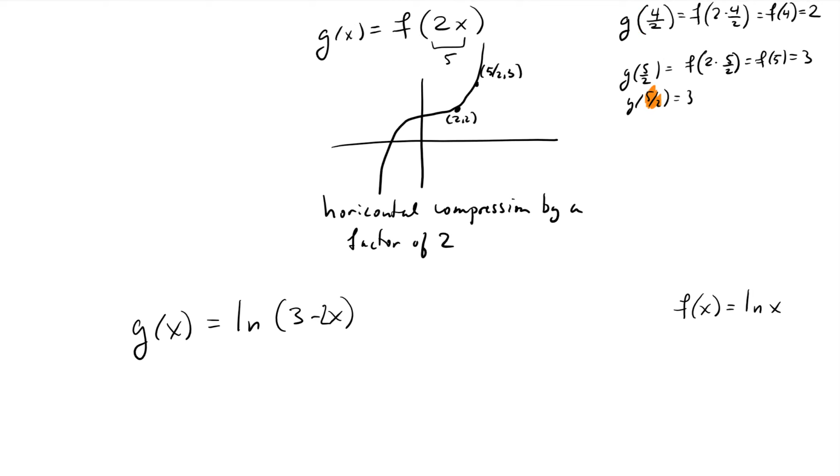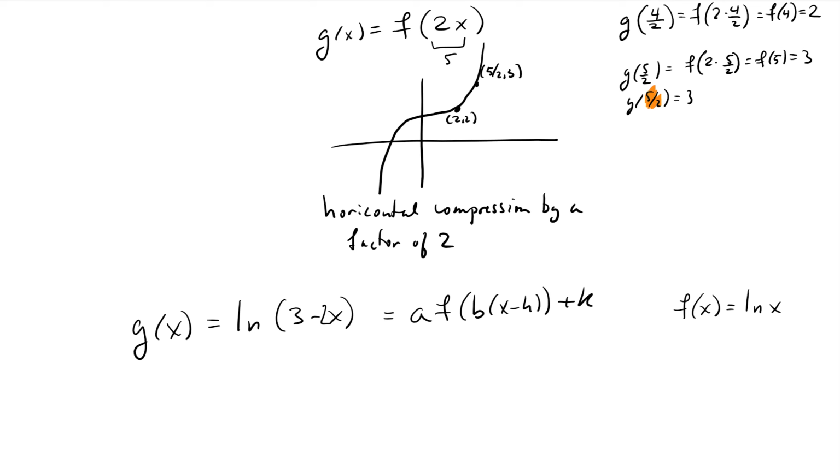I want to rewrite it so that it's of the form a f of b times (x minus h) plus k. Notice how I've added the b here. I usually don't put it, but here it's going to be necessary. But a, h, and k do perform the same transformation on g that we've seen already, and now we're adding the b. The b will be responsible for horizontal compression. So I want to write it this way.